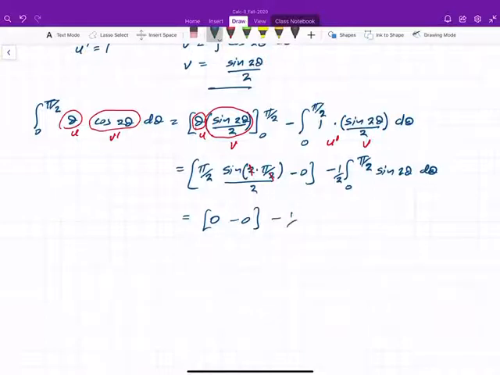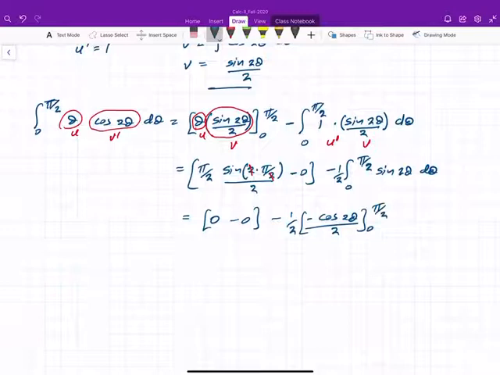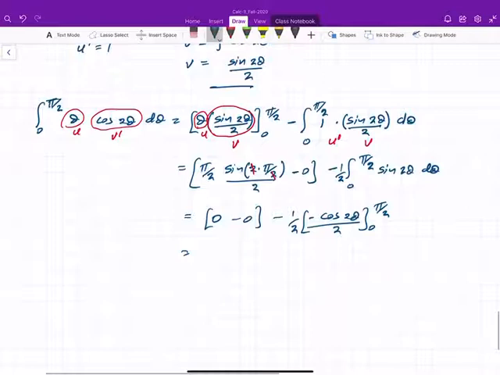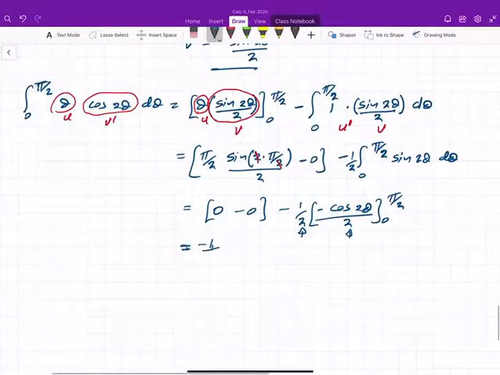And then minus half, then the integration of sine 2 theta should be minus cos 2 theta over 2. Now put the limits. Limits are from 0 to pi over 2. Alright, now here there's a half, another half, so I write it to be minus 1/4.